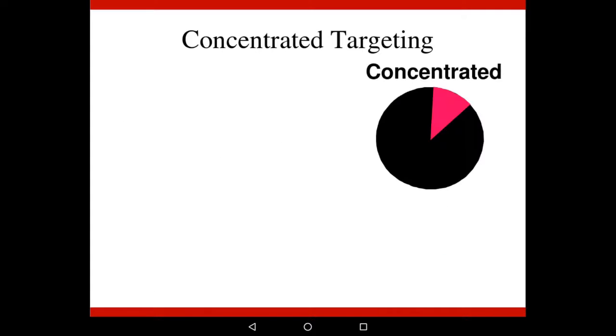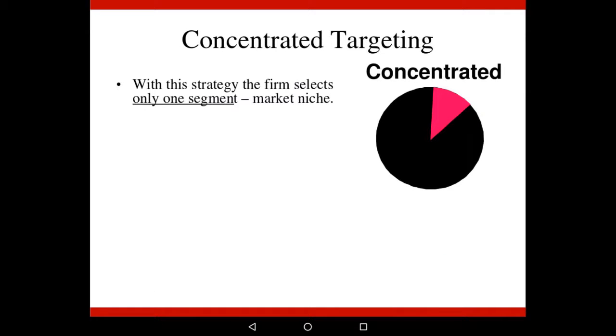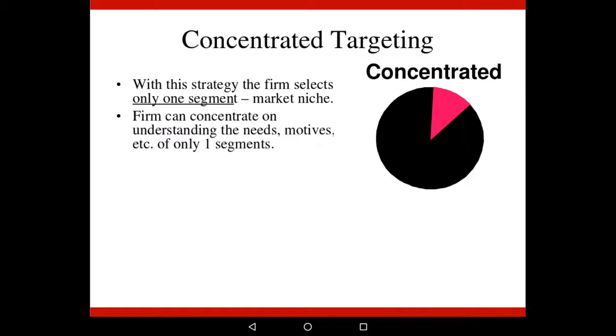Then we have the concentrated targeting strategy. This is where you only select one segment, a very small segment, a niche, we call it. Firms can concentrate on understanding the needs and motives of only one segment. You can therefore develop a very specialized marketing mix.